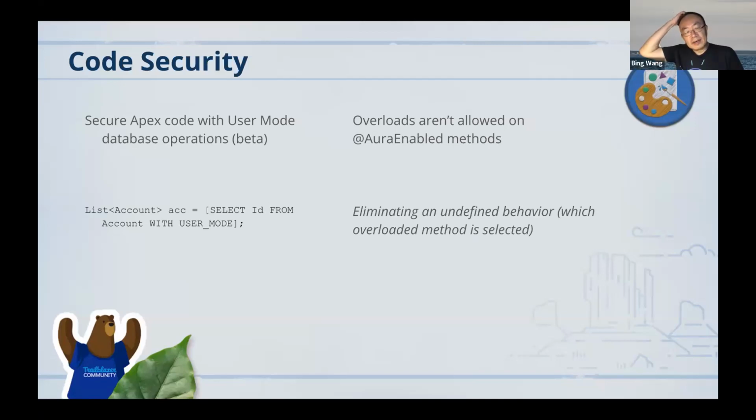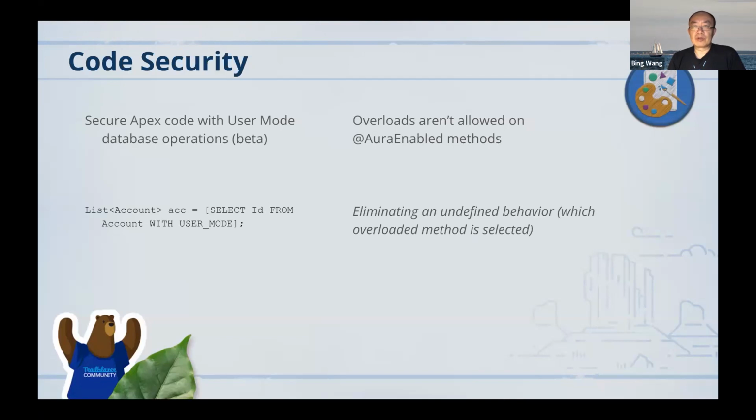Yeah. So the second piece about code security here is now the overload for any Aura enabled method, those Apex controller classes for Lightning components. Overloads are now explicitly prohibited. In the past, it was kind of undefined behavior.